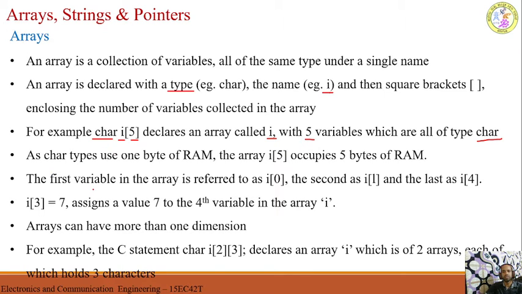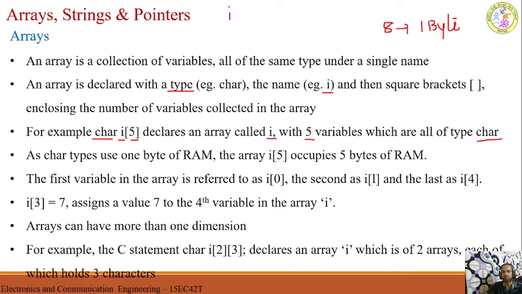As char types use 1 byte of RAM, the array I of 5 occupies 5 bytes of RAM. We know that if I declare any variable with a character, 8 bits are reserved. 8 bits means 1 byte. Now here, how many memory locations are reserved?